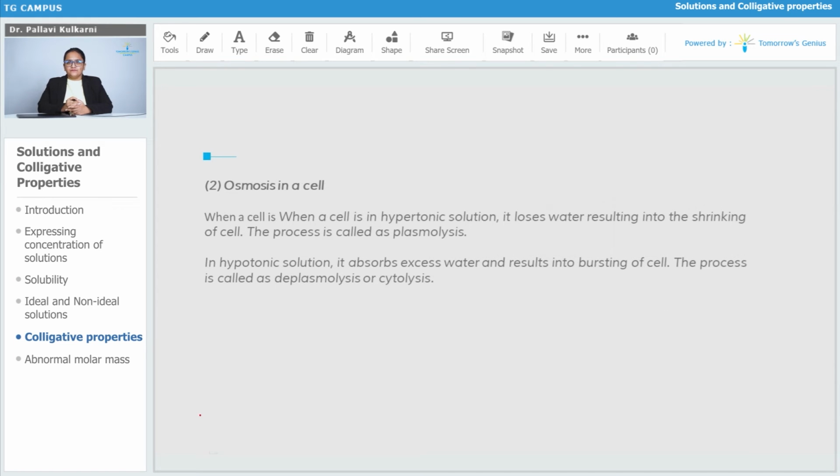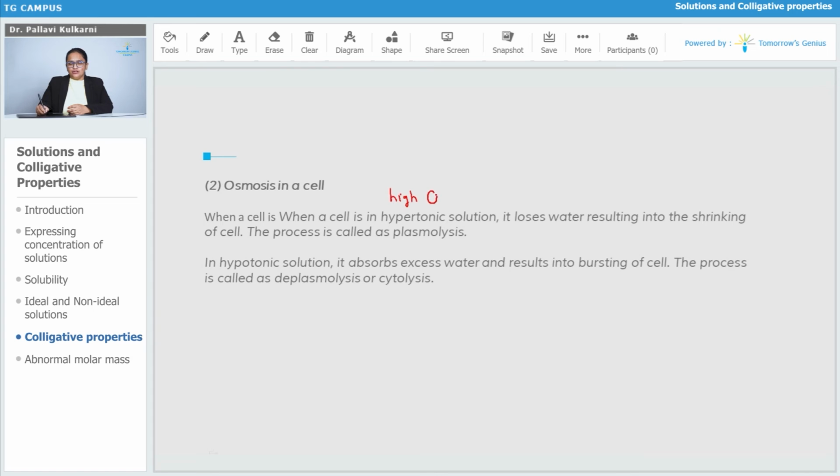Next example: just like the egg, a cell can also act as a semi-permeable membrane, so osmosis can take place in a cell also. We are going to put this cell in a hypertonic solution. Hypertonic means that the solution has high solute concentration, or high osmotic pressure.